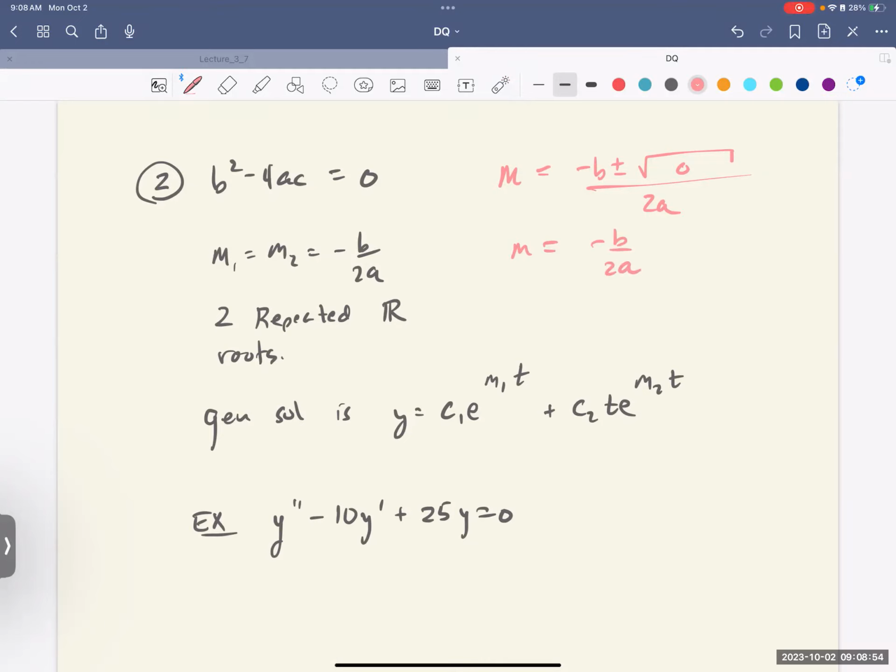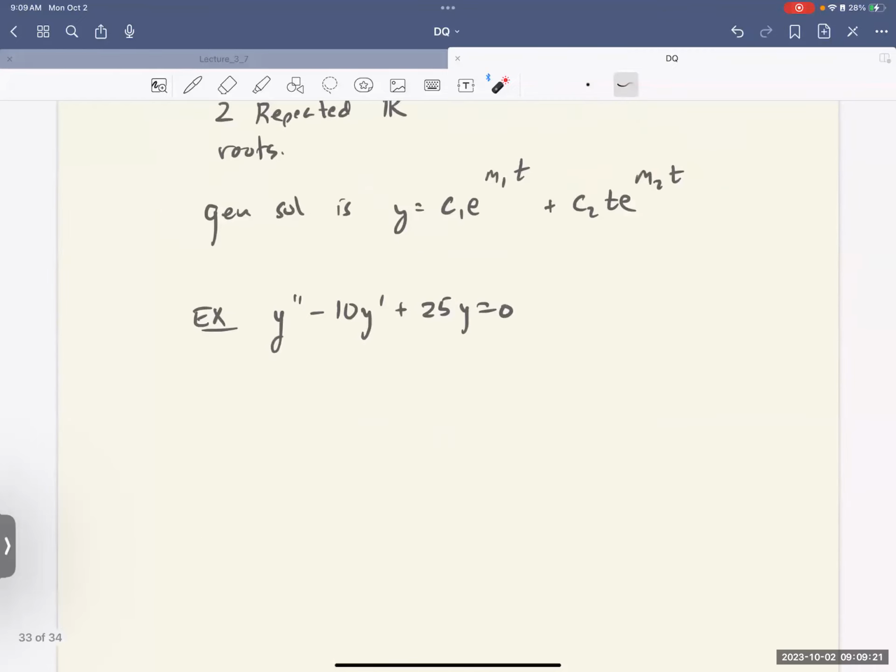And we get a repeated root in this situation. Both of our roots are the same. It's a repeated real root, and it's negative b over 2a. In that case, your general solution is C1 e to the m1t plus C2 t e to the m2t. And you have to have that extra t, again, because m1 and m2 are the same. Without the extra t, these two terms would be linearly dependent, and we need them to be independent to form the general solution.